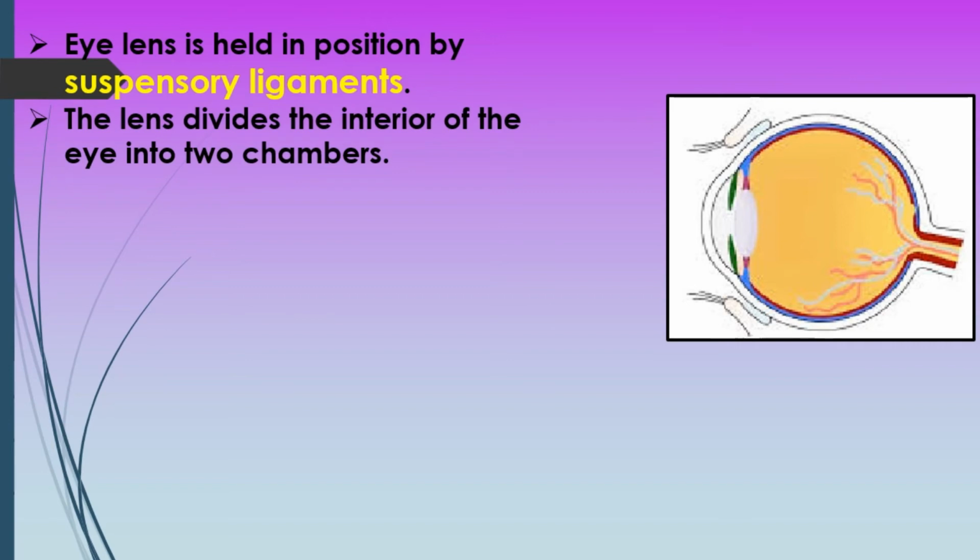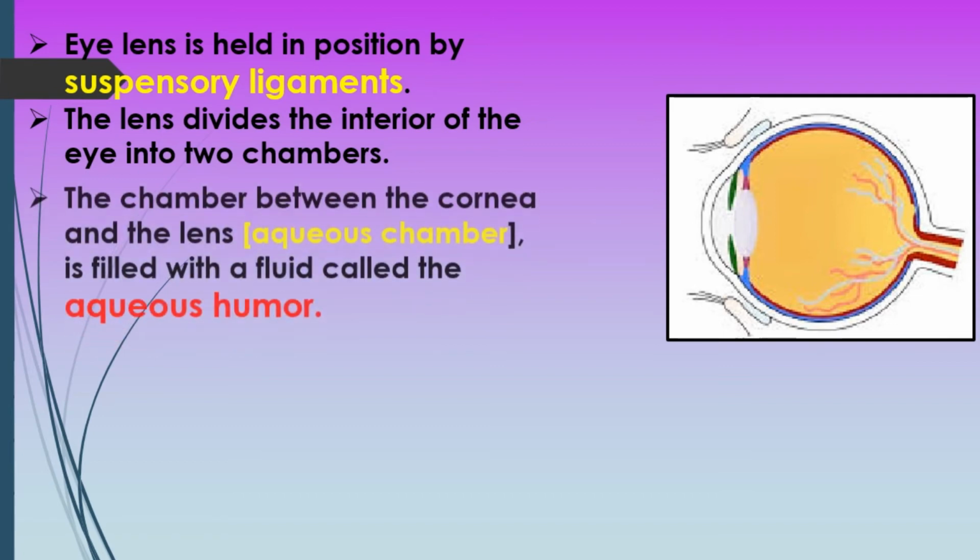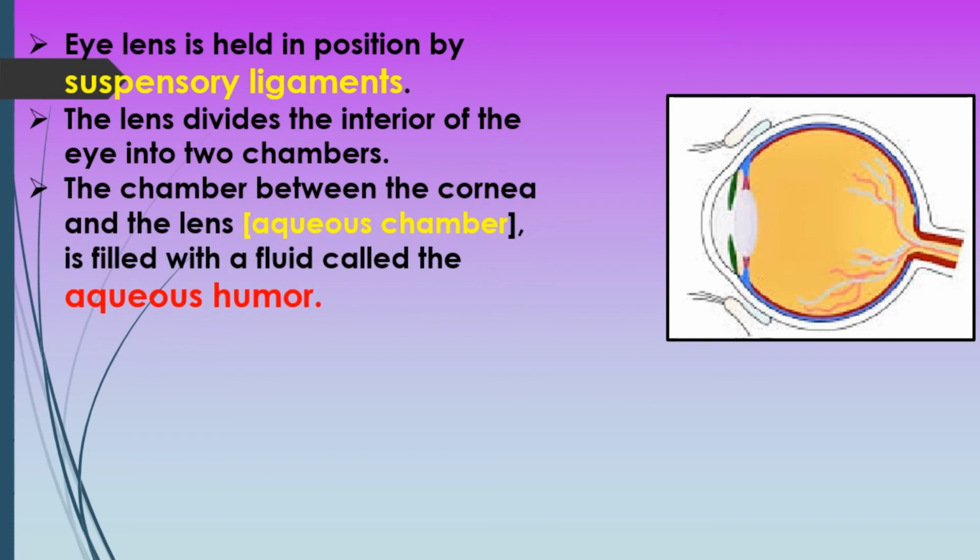The anterior chamber between the cornea and the lens is called aqueous chamber. Aqueous chamber is filled with a fluid which is called aqueous humor. Aqueous humor keeps the lens moist and protects it from mechanical shocks.